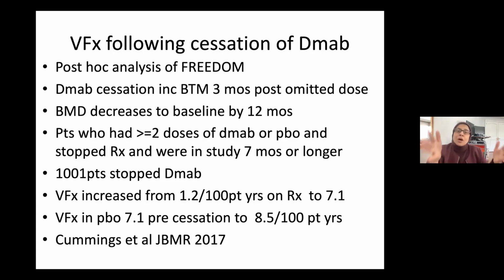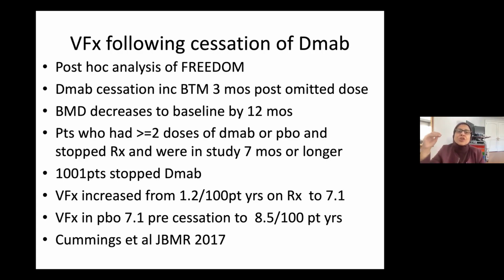So if you stop denosumab and don't take a dose after the 6-month time period is up, then what will happen is there will be an increase in rank ligand expression, and there will be enhanced osteoclast activity, and the pre-osteoclasts that were not being converted to osteoclasts will all become osteoclasts.